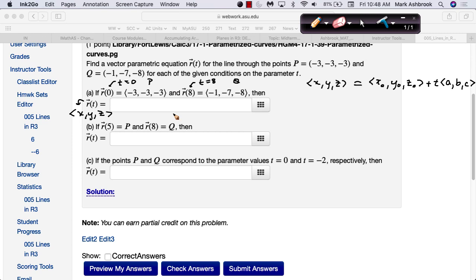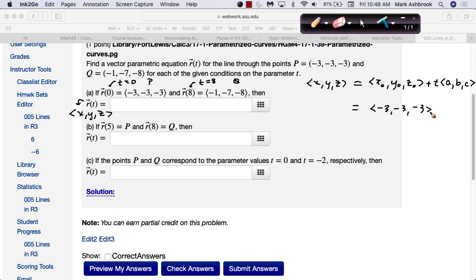When t equals 0, we want to get point P. So what will that mean for us setting up this equation here? When t equals 0, we want the result to be point P. So what does that tell us right away? The initial point has to be the point P, right? So that when t is 0, you'll just get -3, 3, 3. That's what this says.